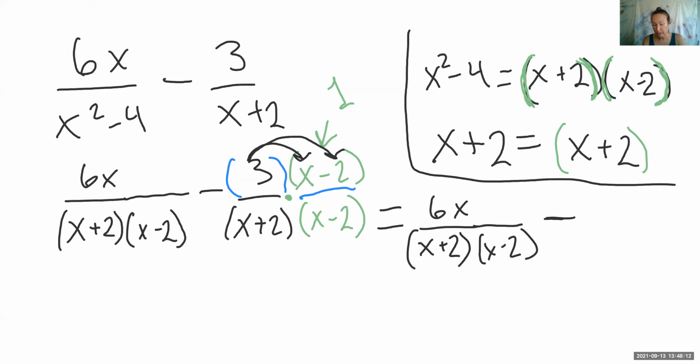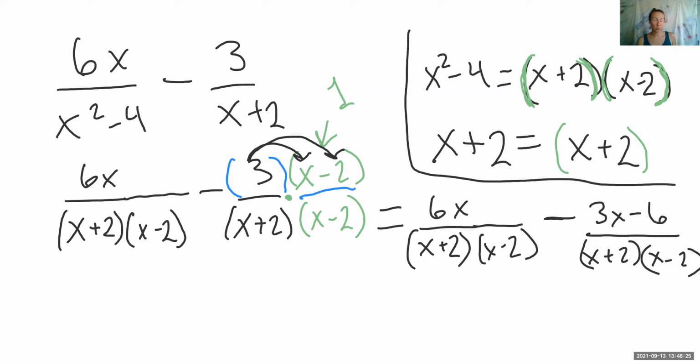So our numerator here is going to be 3x minus 6. And our denominator is going to be x plus 2 times x minus 2. All right. And so now we can say, yes, we did multiply by the correct version of 1 because our new fractions both have the same denominator, which was our goal, so that we can add them together.